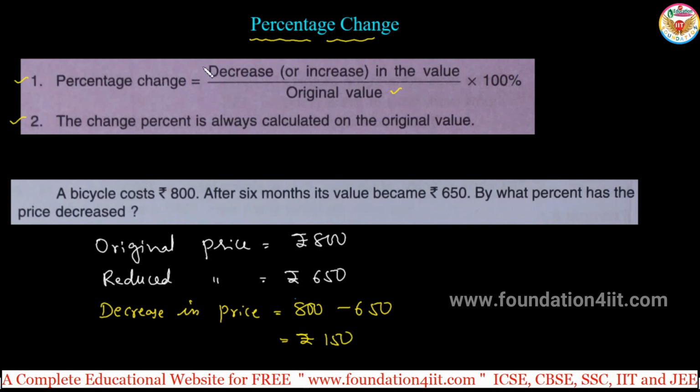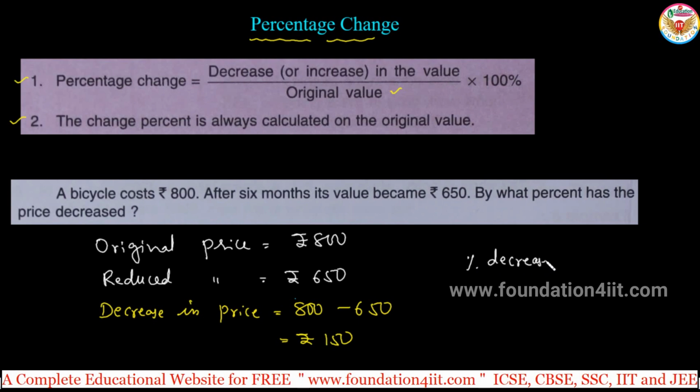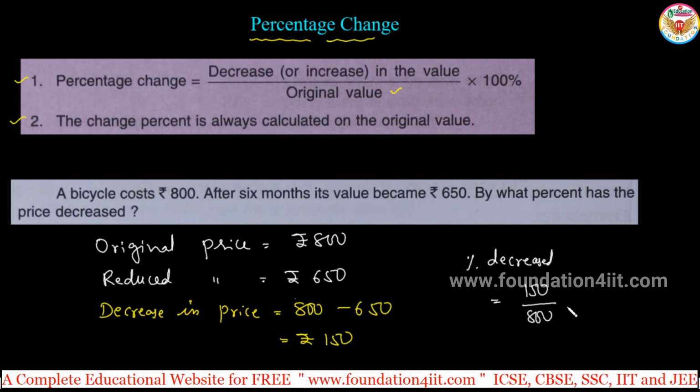Now as per the formula, percentage change. Therefore the percentage change, that means here the percentage decrease, is the decrease in the value by original value. The decreased value is 150 by the original value 800 into 100.